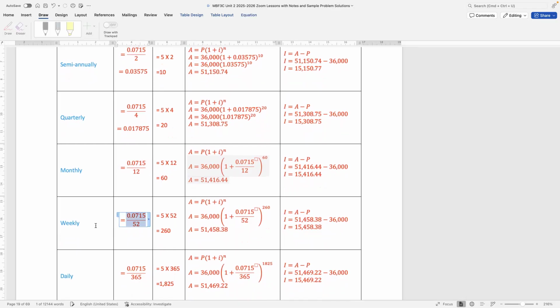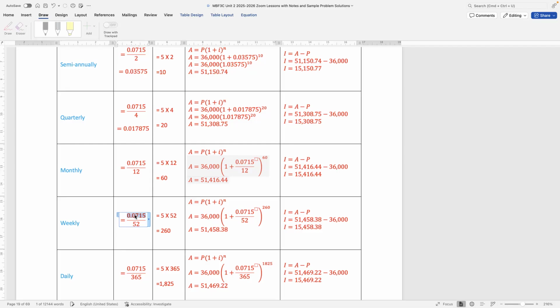If you don't remember, go back to the table. There are 52 weeks in a year. So now we need to do the interest rate of 0.0715, divide that by 52, and you'll get 0.001375.